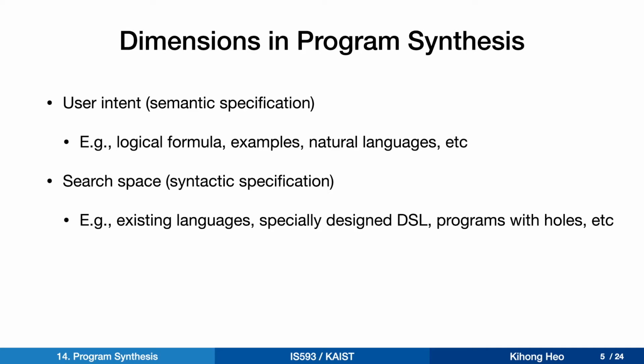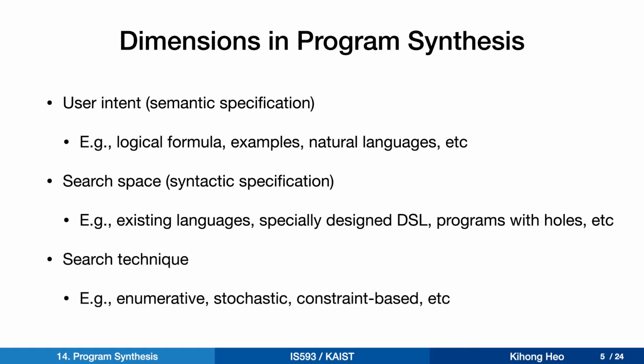One might want to synthesize a program written in existing languages such as C or Java or OCaml and so on. Or we can define a specially designed domain-specific language to handle a limited set of functionalities. Or a synthesizer only targets filling a small hole in a large program.